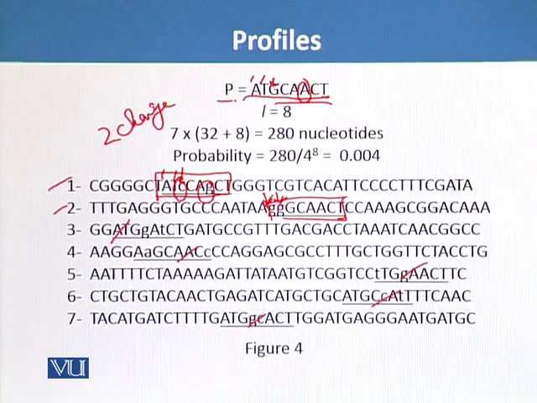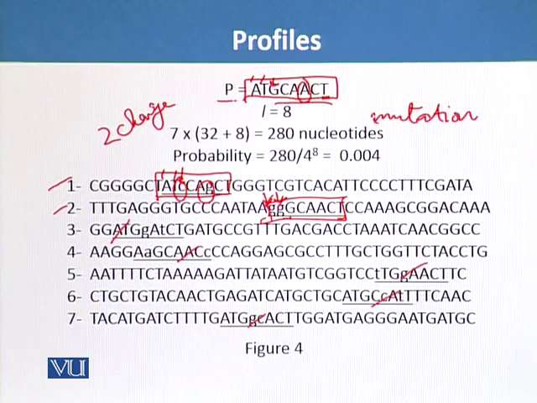So in real problems, in DNA molecules, there is a tendency of mutation. Due to the process of mutation, these nucleotides often change to other nucleotides, and this conserved pattern may not be conserved, as we can say here P is equal to ATGCACT. So there are many mutations within this pattern.